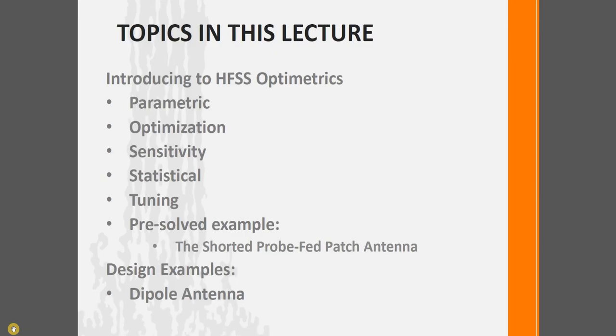In this tutorial, we will introduce the HFSS Optimetrics. We will see how to do a parametric sweep, do the optimization, have a sensitivity analysis and statistical tuning, and we will see the pre-solved example, the shorted probe-fed patch antenna, and we will see the effect of the feeding position of the antenna, analyzing input impedance or S parameters.